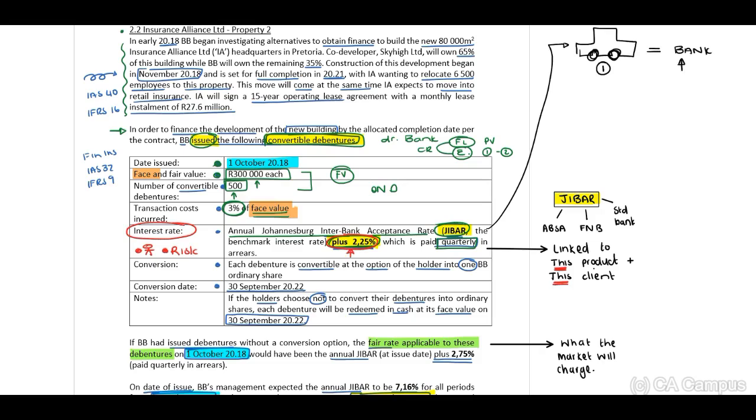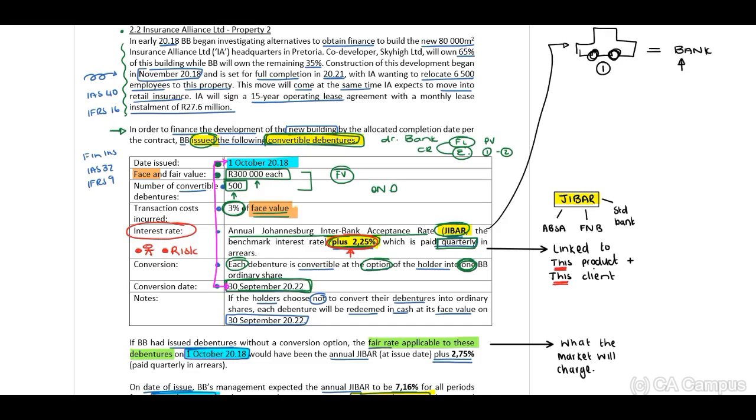Okay, then they indicate to us here, conversion. Each debenture is convertible at the option of the holder into one ordinary share. Conversion date is 30 September 2020. Therefore, our period, we will be able to determine, this will be from 1 October until 30 September 2022.